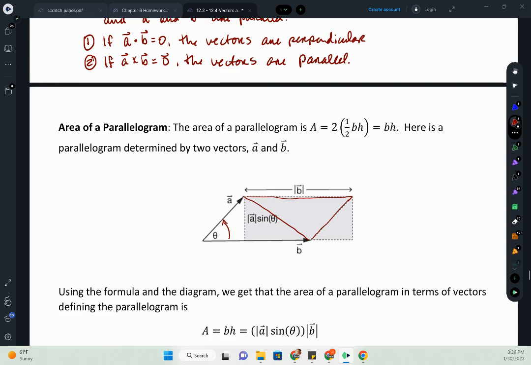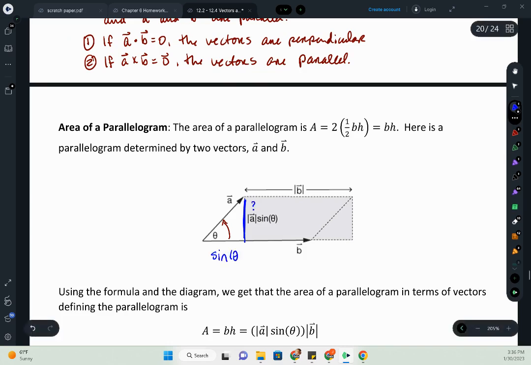Now, if I want to find the height of this parallelogram, let me just delete these guys right here. When I want to find the height of a parallelogram, I'm looking for this right here. And in order to find this value, let's just call this question mark for now.